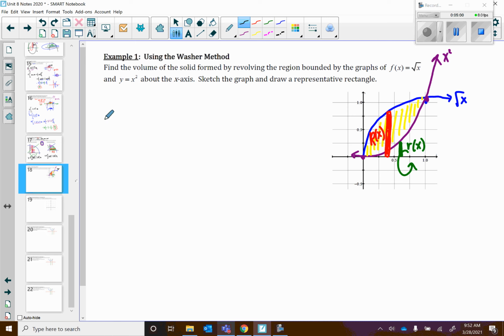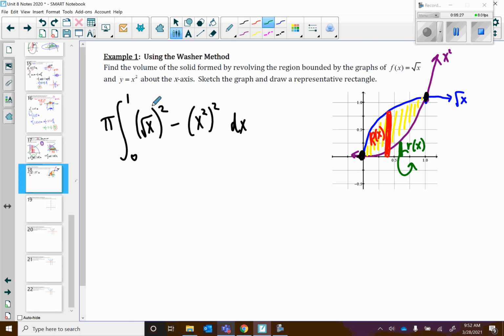So I am looking at pi times the integral from 0 to 1, bounds 0 where they intersect, 1 where they intersect. The bigger radius is the upper one. So in this case, we're looking at the square root of x squared minus, and our littler radius here, the one that's lower, is our x squared. x squared squared with respect to x, right?